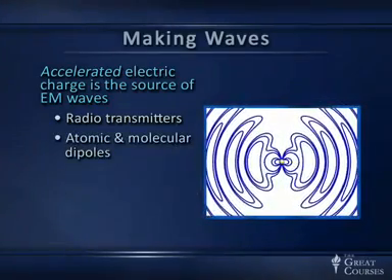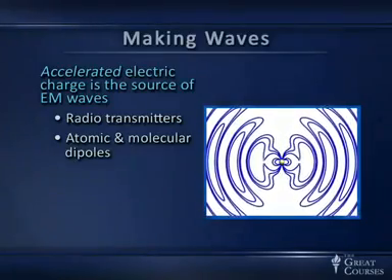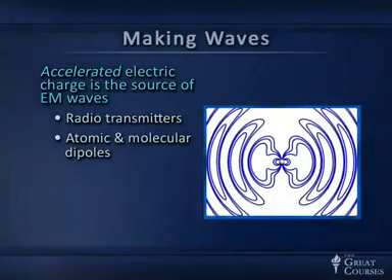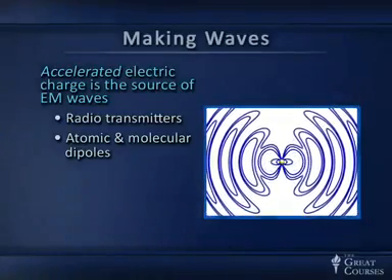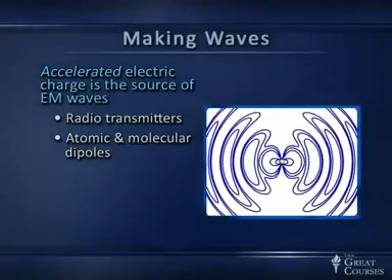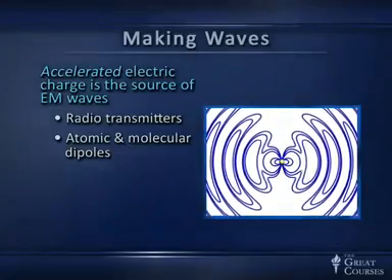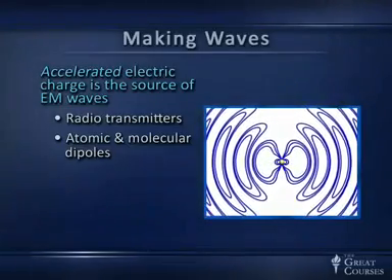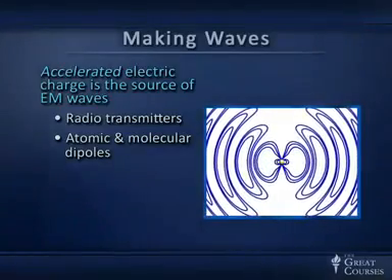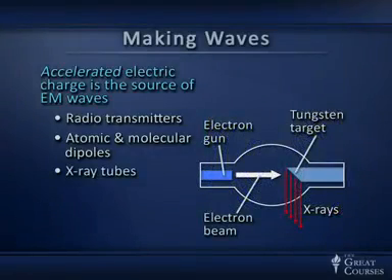In atomic and molecular systems, we have basically dipoles that go into oscillation, and those oscillating dipoles produce relatively short wavelength, higher frequency electromagnetic waves, typically from molecules in the infrared region of the spectrum. That's, by the way, why carbon dioxide absorbs the outgoing infrared and causes the greenhouse effect, which causes global warming, for example. In atomic systems, it tends to be more in the visible spectrum, so most visible light is generated by atomic processes.